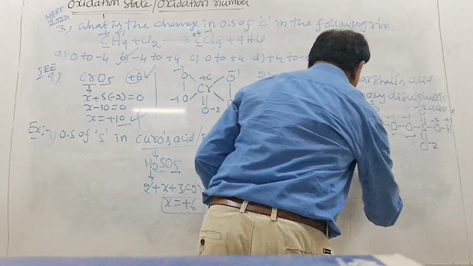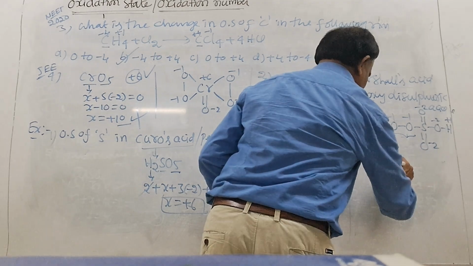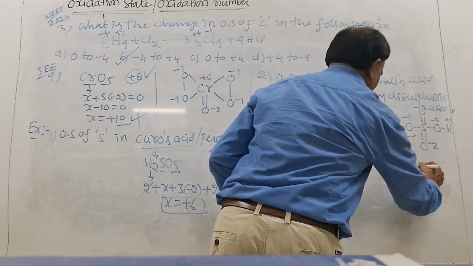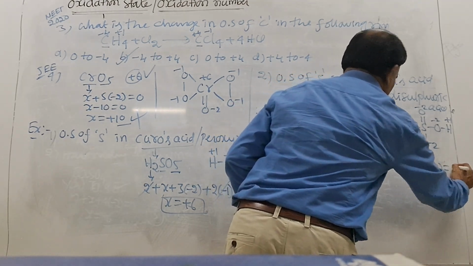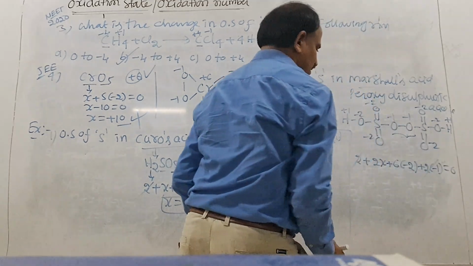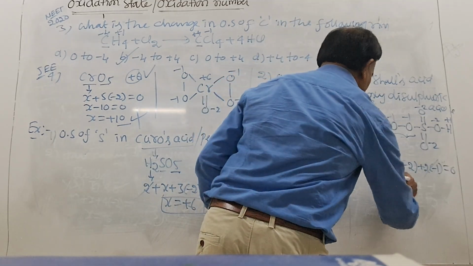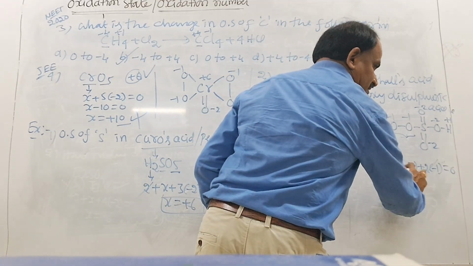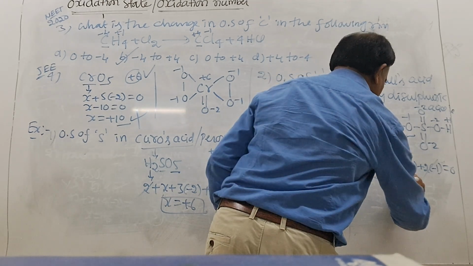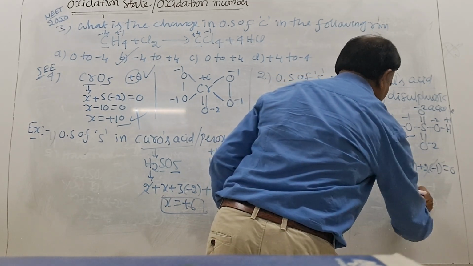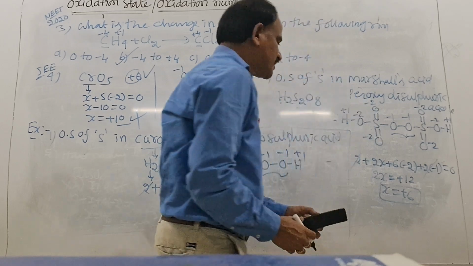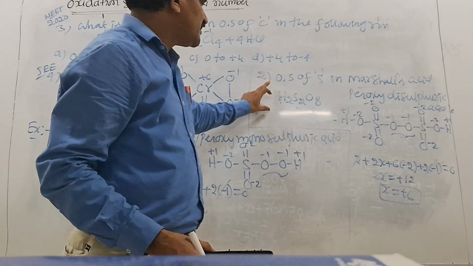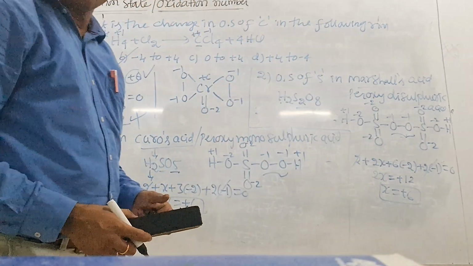So 2 plus 2x plus 6 into -2 plus 2 into -1 equal to 0. The +2 and -2 cancel each other, and then 2x equals 12, so x equals +6. Now the oxidation number of sulfur in Marshall's acid is also +6 only.